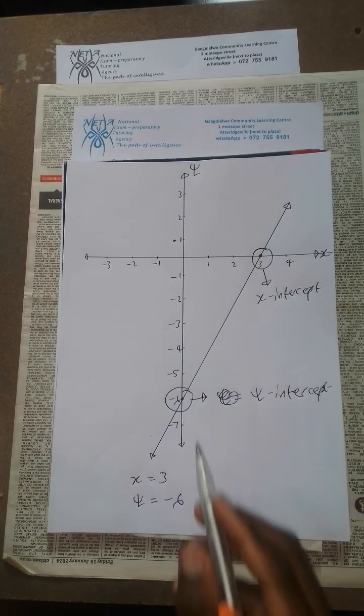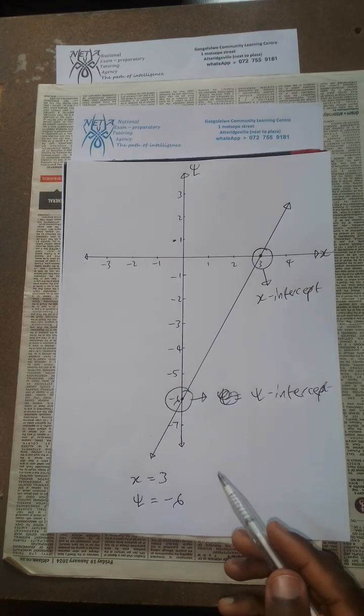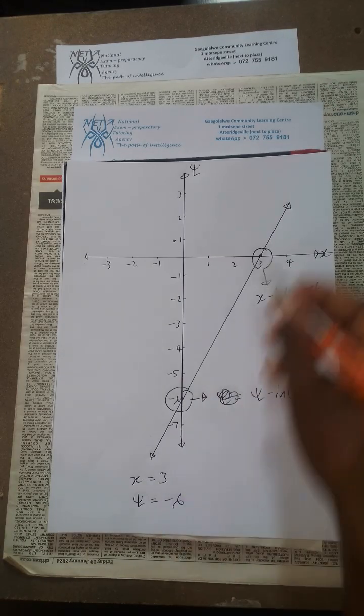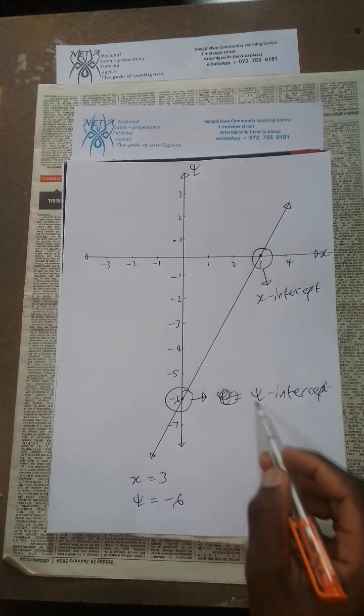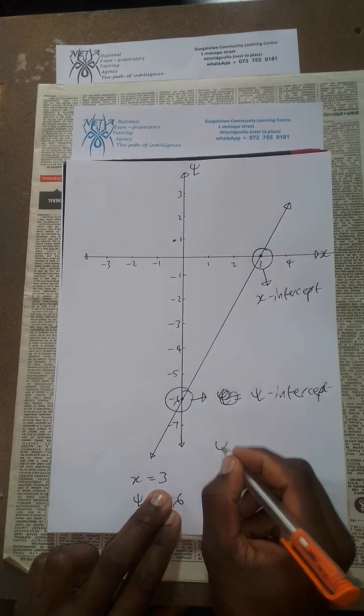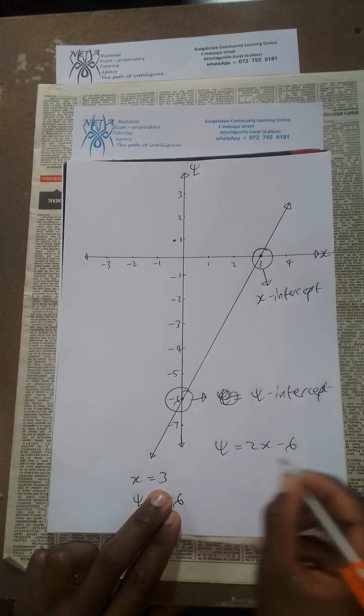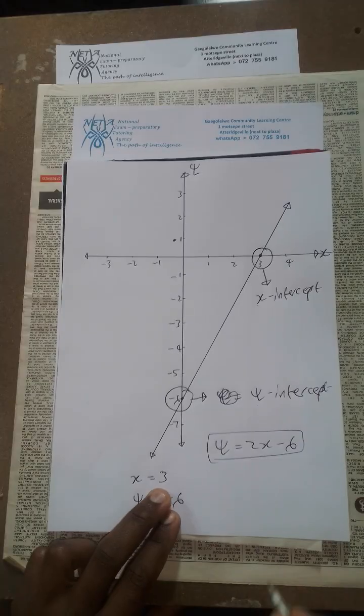Now, it is therefore clear that whenever you draw the graph, you need the y-intercept and the x-intercept in order to draw your graph of y equals 2x minus 6. And from the equation of the graph, one thing is clear.